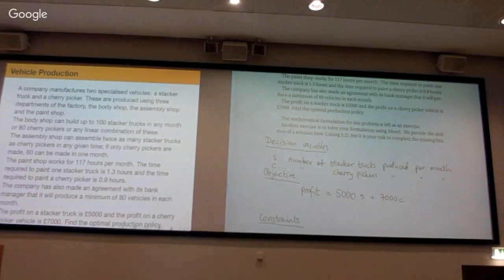So you're doing linear programming, the decision variables are the unknowns. Those are the things that you don't know when you're writing your formulation. But once you know them, everything is easy. So the point is, it's a function of the number of stacker trucks and cherry pickers to produce. And that's the objective function.